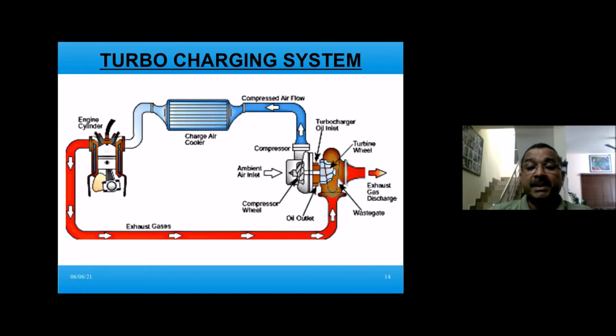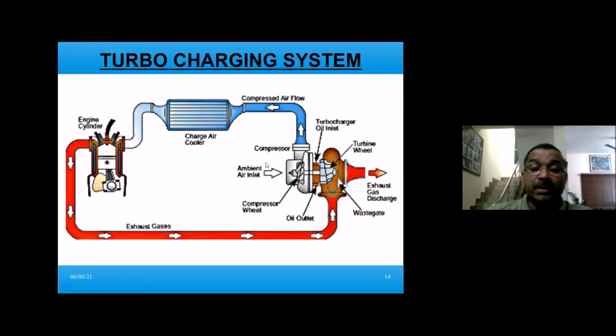So we are giving more dense, compressed air to the cylinder, so that we can inject a little bit more fuel into this unit. So your engine will be giving more power. So the turbocharger does the compressing job.